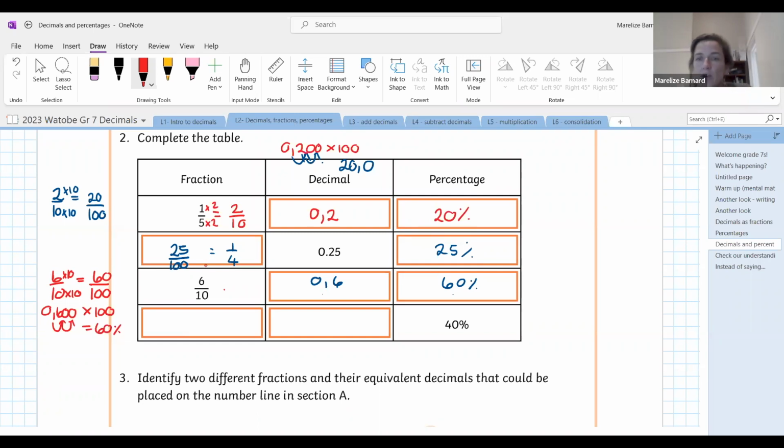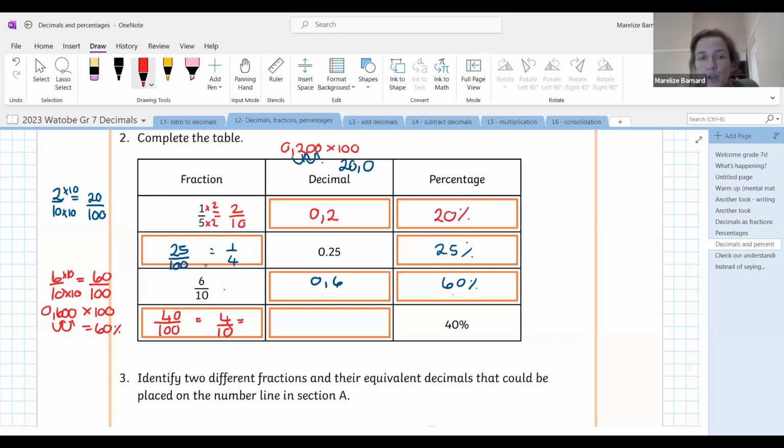All right, last one. What is 40% as a fraction? 40% as a fraction is 40 over 100, or 40 hundredths, which is the same as 4 tenths.